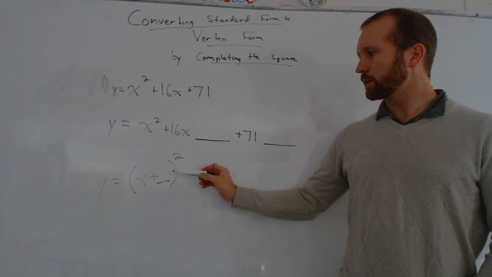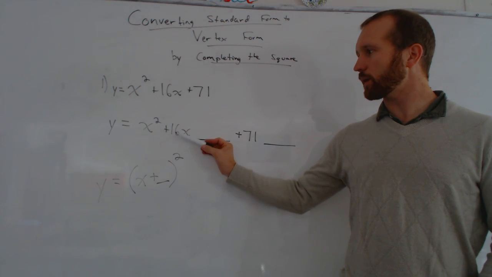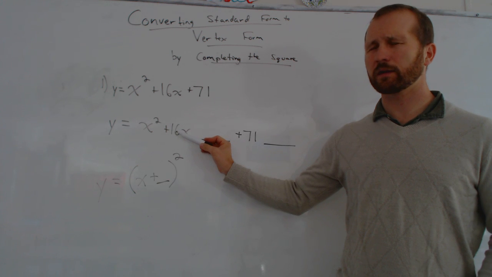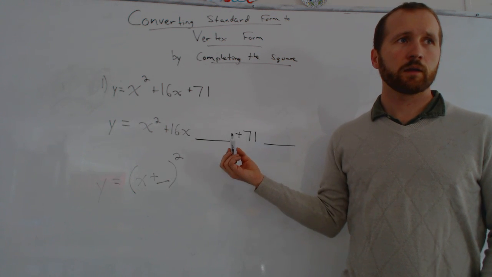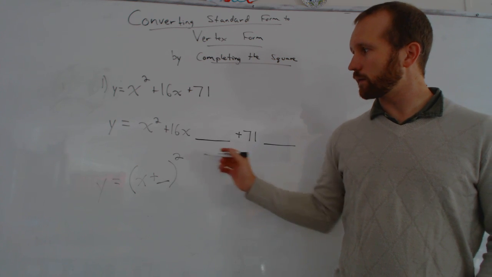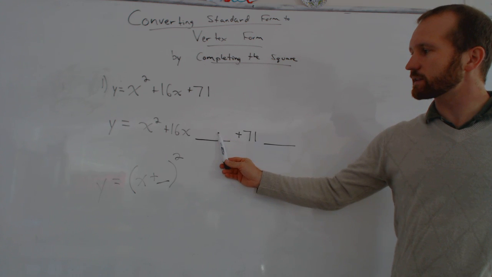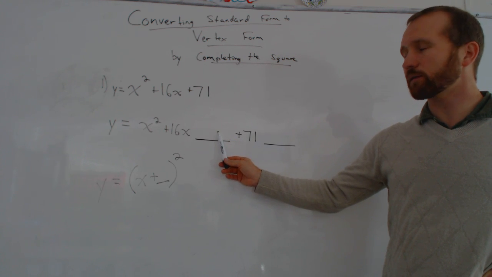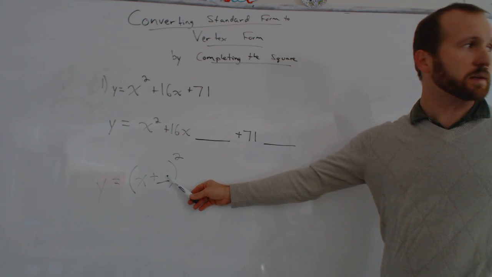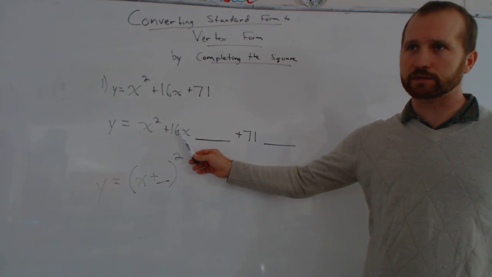So if we look from here to here, how can we make the 16? You guys are onto the right idea, but the square root of this number is going to be this number. So these numbers have to add up to 16.